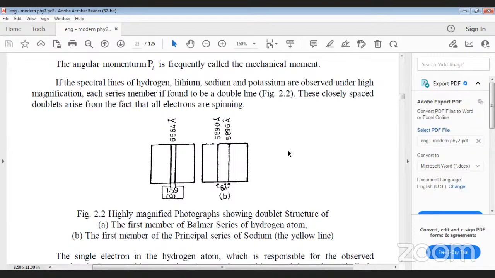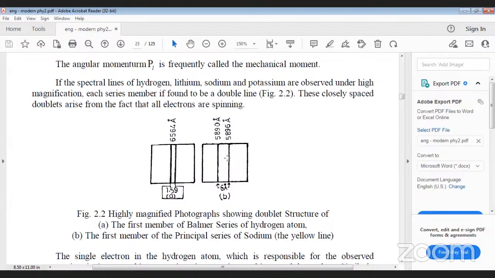Next, you can see here 6564 angstroms, which is related to H alpha. For yellow color, you can see how the splitting of the spectral lines is for sodium.